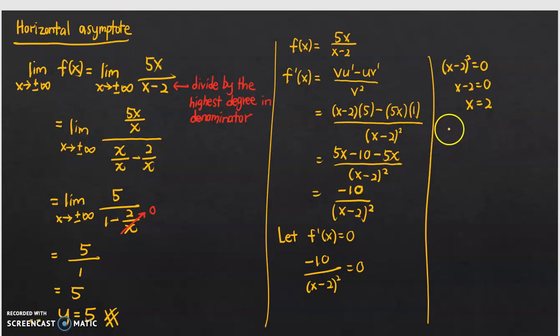So next, since we only have one value, we need two intervals. So the first interval is from negative infinity to 2, second interval is 2 to positive infinity. Next, we will draw the table. Let's say this is our table.